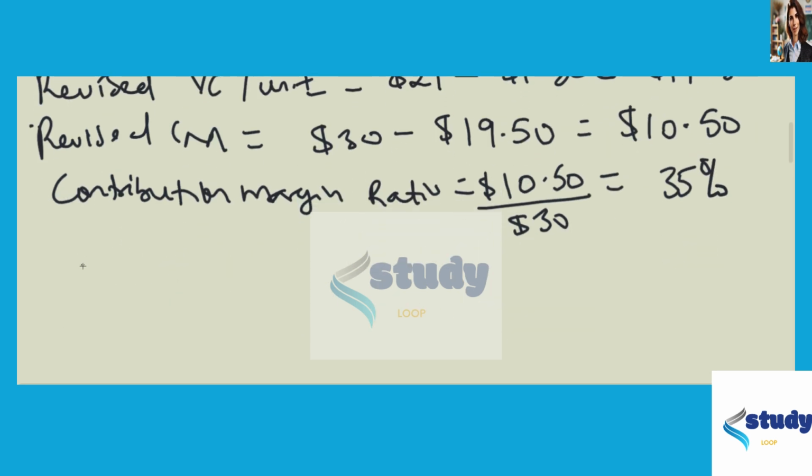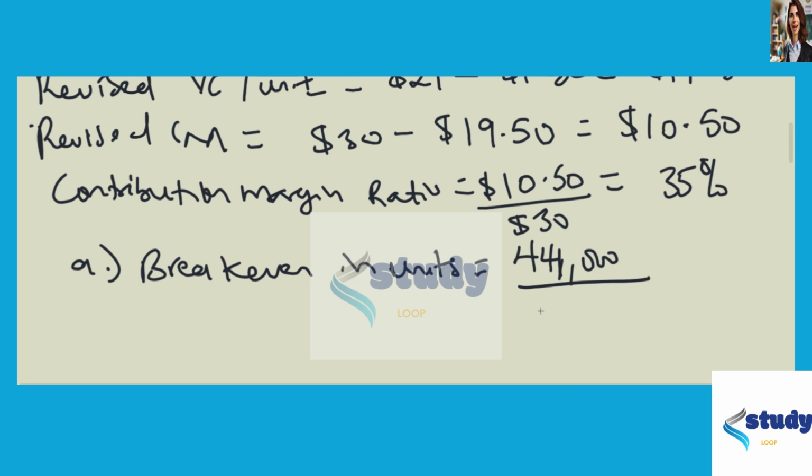So therefore, answering the question, the new break-even point in units will be equal to 441,000, which is the revised fixed cost, divided by $10.50. And this is where it came from, the revised contribution margin. And this will give you 42,000 units, because it's in units, right?